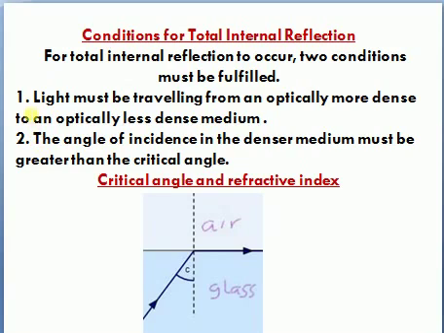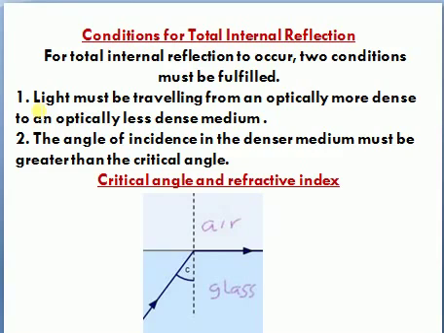Number one, light must be traveling from an optically more dense medium to an optically less dense medium. And we have seen from our explanation that before we have total internal reflection, the ray of light must be moving from a denser medium, which is, for example, glass, to a less dense medium, which we have as example what?